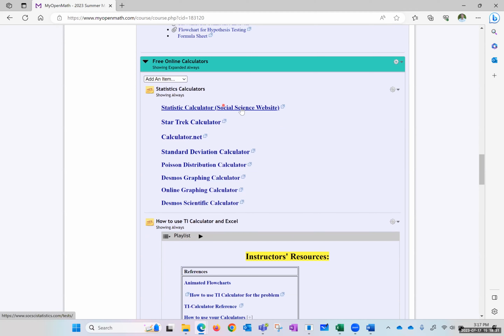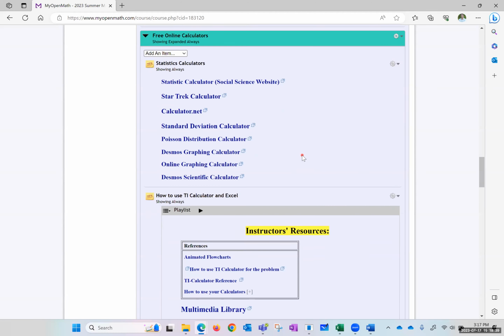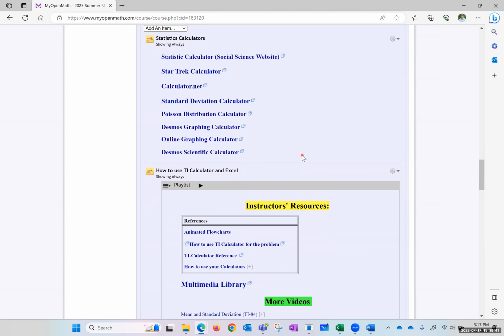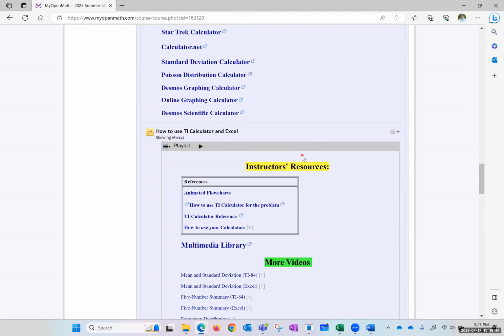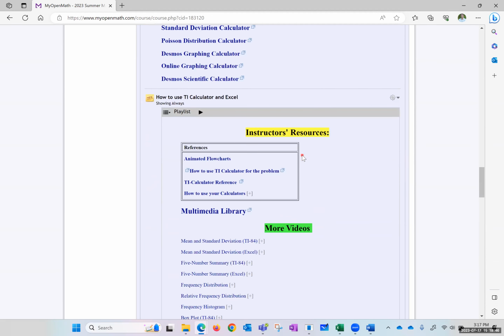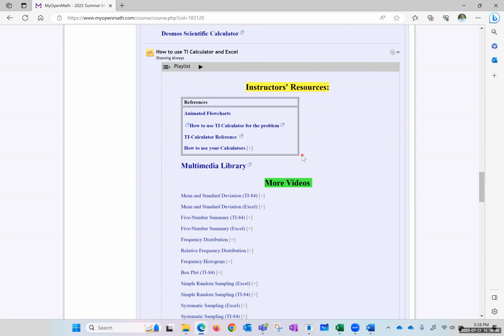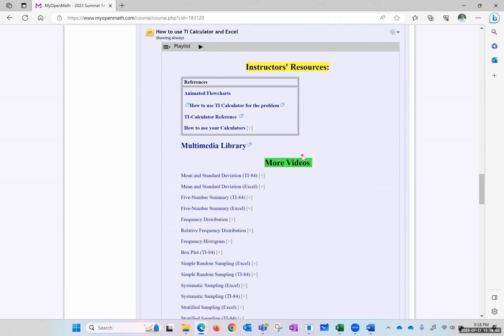The top one normally works pretty good. Social science website, Star Trek works good. And really, most of them are pretty good, but you have to get familiar with whatever works for you the best. And then for a TI calculator and Excel, we have commands and information.